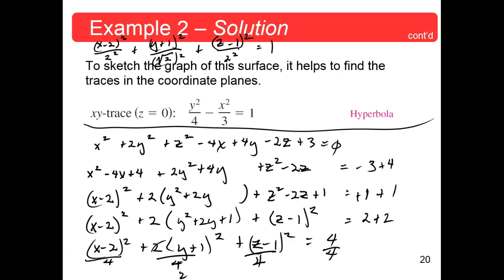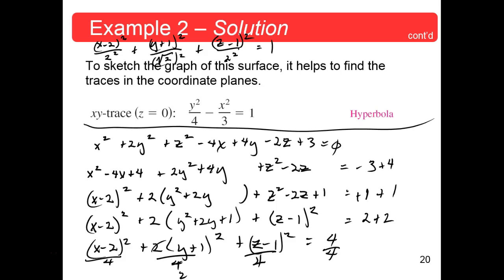The center is going to be 2, minus 1, 1. Because when x equals 2, this becomes a 0. When y is equal to minus 1, that becomes a 0. When z becomes a plus 1, that becomes a 0. So that's your center. 2, minus 1, 1.